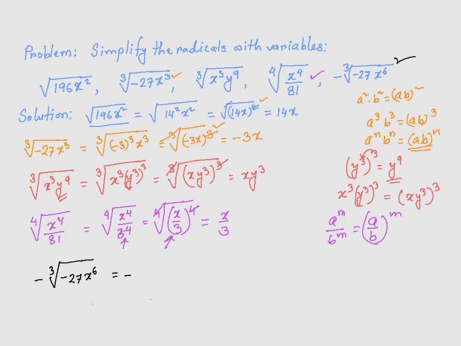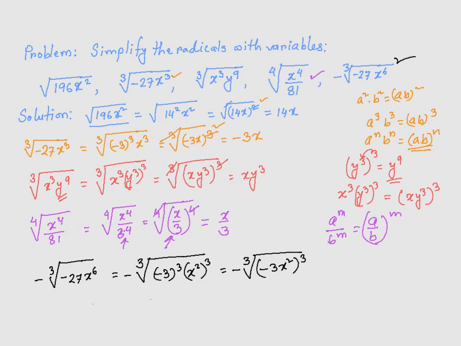Again, I'm going to use the similar strategy. Cube root, then negative 27 is negative 3 whole cubed, and then x to the power 6 is x squared whole cubed because 3 times 2 is 6. Now negative cube root of negative 3 x squared whole cubed.